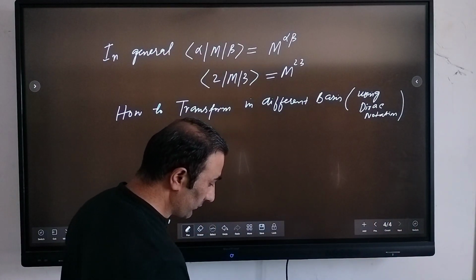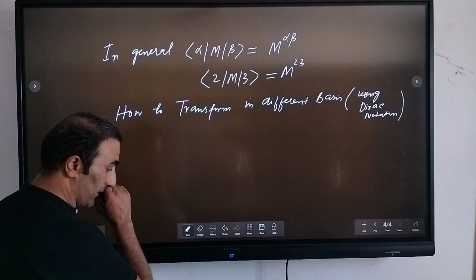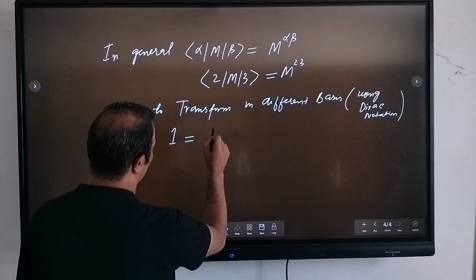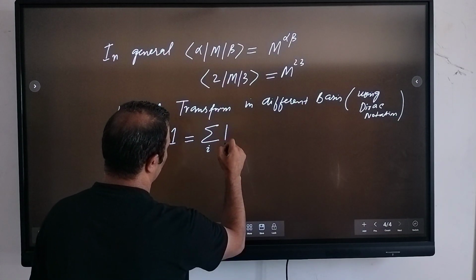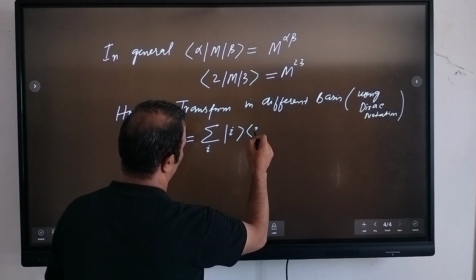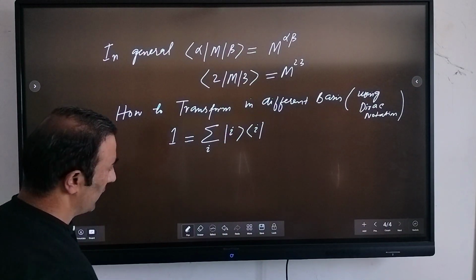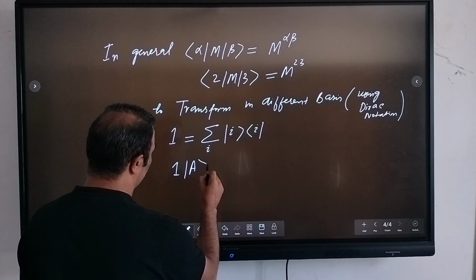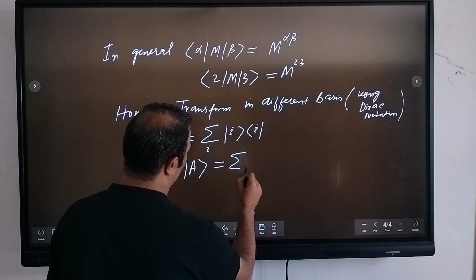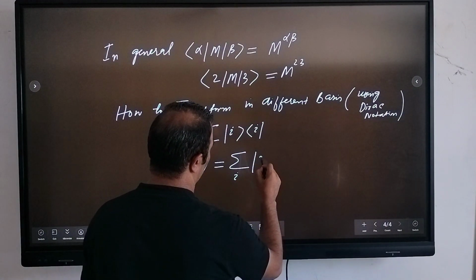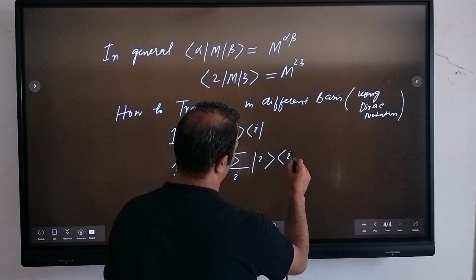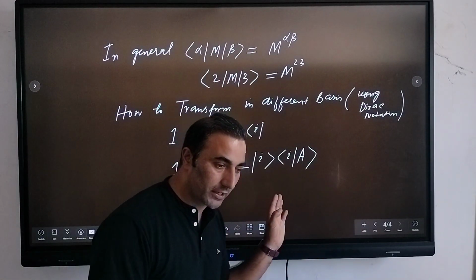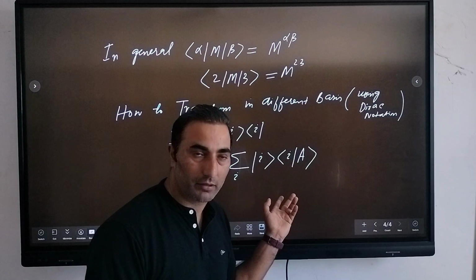Now, we can write. So let me rewrite that. We have this relation that you can write this one will be equal to summation over I. Okay. Or if you multiply it by some vector A, so this will be equal. I am simply multiplying here the ket state of A, right?